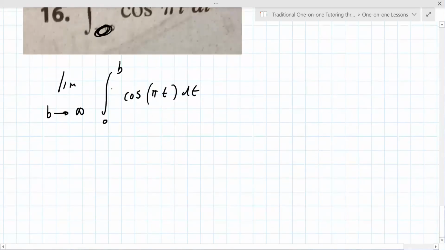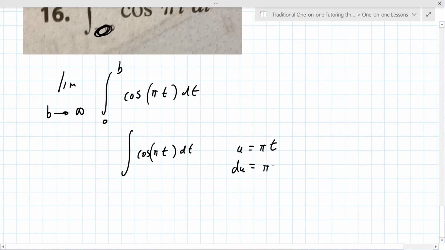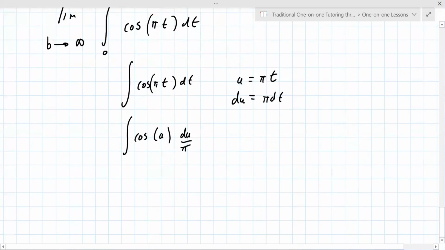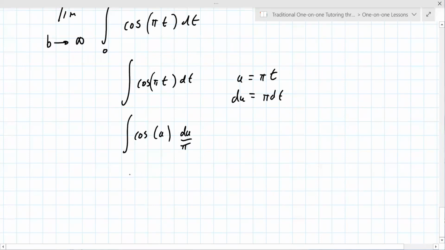If we look at just the integral of cosine pi t dt, this is a U-substitution. U is pi t, du is pi dt. So this becomes the integral of cosine u du over pi, so 1 over pi integral cosine u du, which becomes sine u.